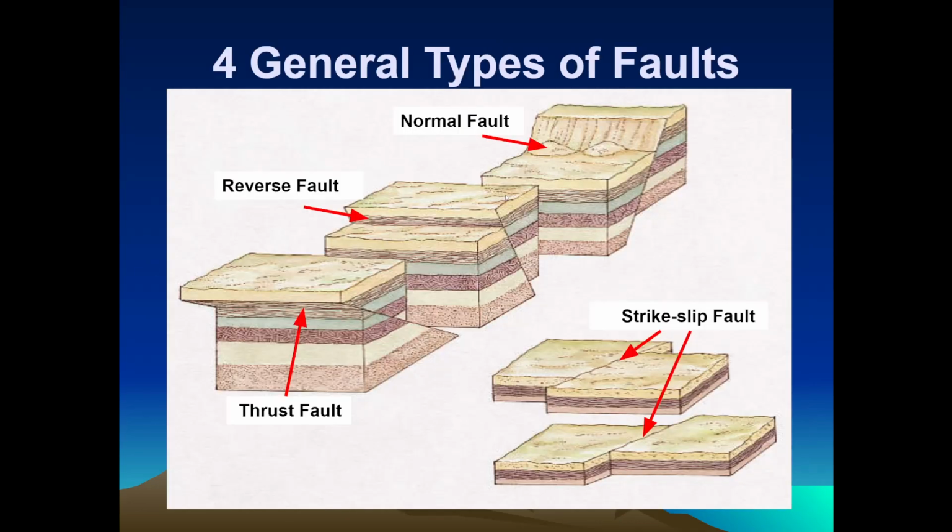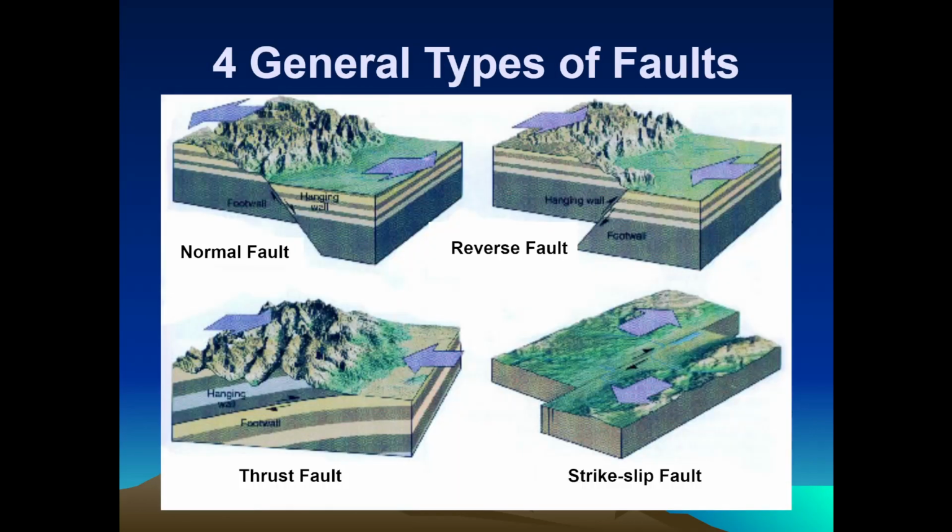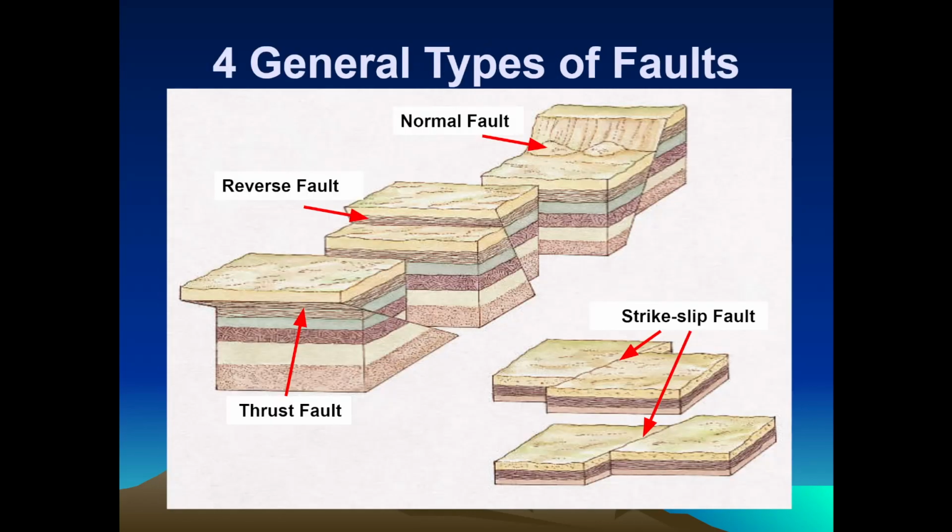All right, I'm going to cover the four types of faults real quickly, and just introduce them and then call that a day, and we'll continue this on Monday. Normal fault is where, and it's helpful if you put your hands together in that kind of position, where the palm of one hand is on top of the back of the other one, and then raise it up to an angle, like you see in that normal fault.